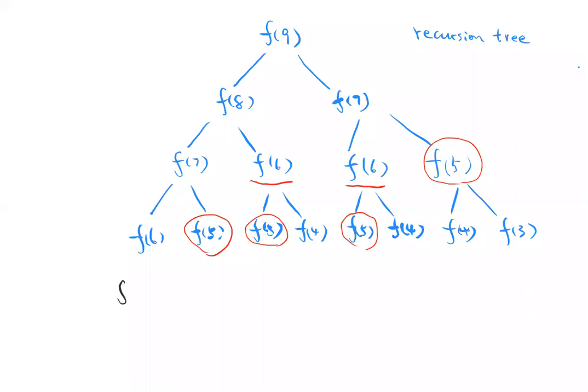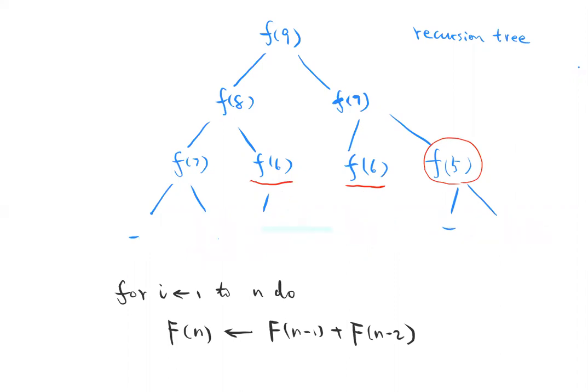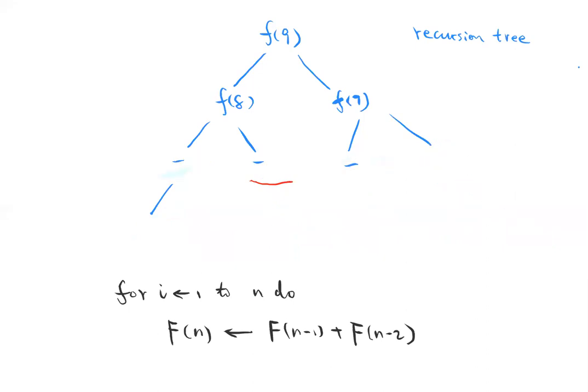So for i equal 1 to n, do f[i] equals f[i-1] plus f[i-2]. That's what we do, right? So what's the difference between this one and the previous one? They look almost identical, right? Except that I use small f and big F, but they're the same thing. It doesn't matter. I can change the big F to small f.